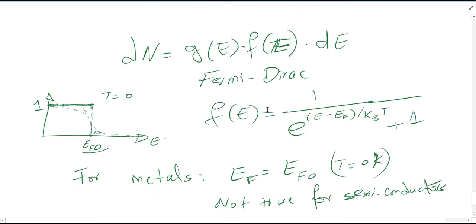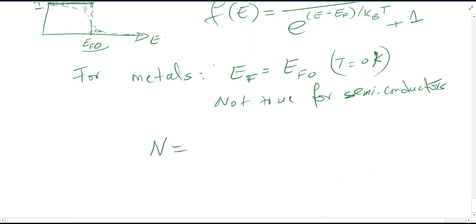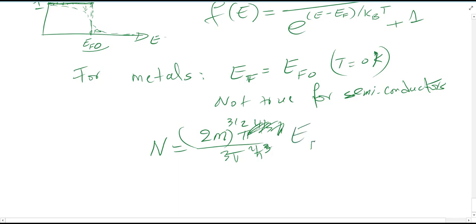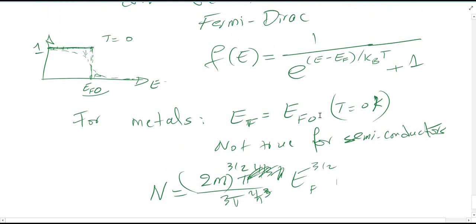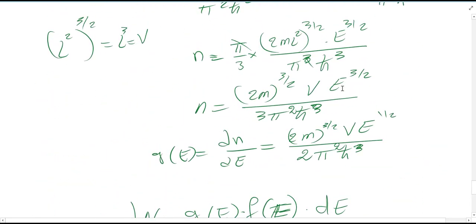If you do the calculation, you're going to find that the number of electrons corresponds to 2m to the power 3 halves, divided by 3 pi squared h bar cubed, I'm sorry, this is coming from GE, times pi to the power 4/3, times just EF to the power 3 halves now.